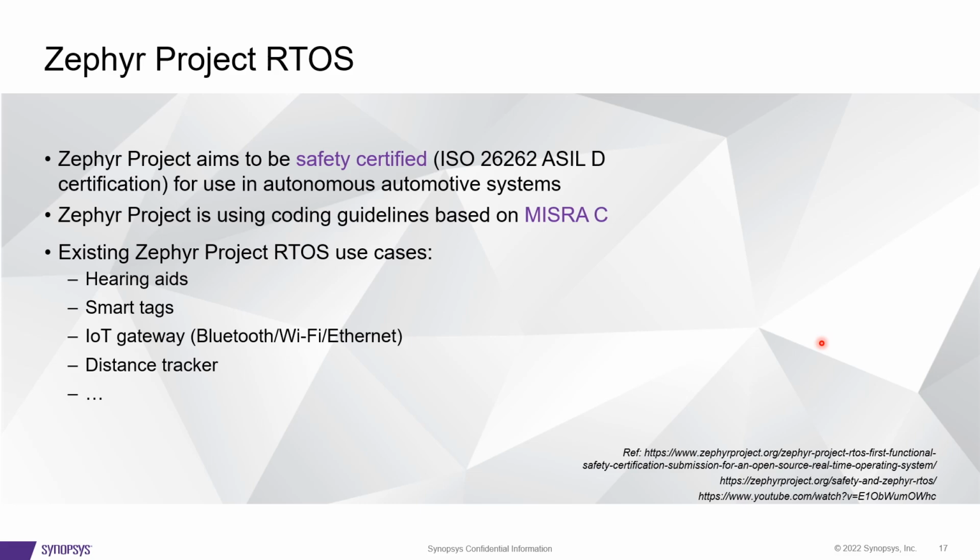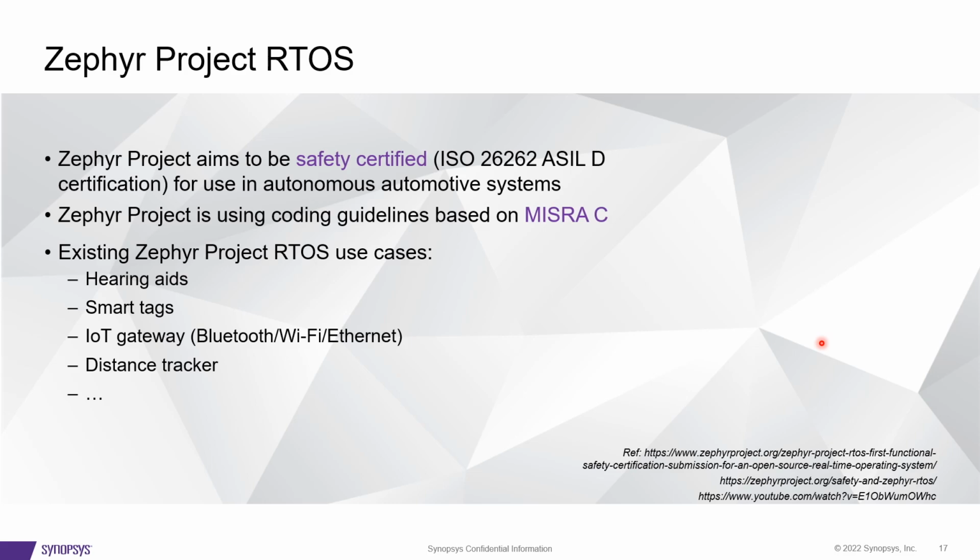Now, more specifically regarding automotive use cases, the Zephyr Project aims to be safety certified, ISO 26262 ASIL D certification, to make it applicable for autonomous automotive systems. The Zephyr Project is also using code lines based on MISRA C, which further supports the safety use cases.